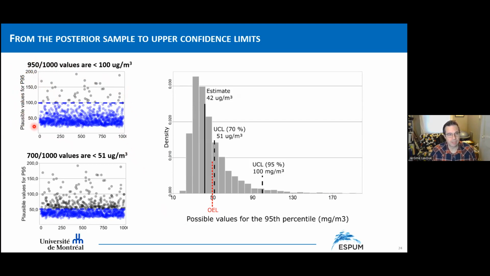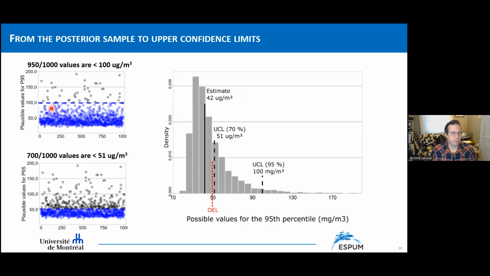So you can see here, I drew my 1,000 values of potential 95th percentile values in the population. So it's the plausible true value, let's say.